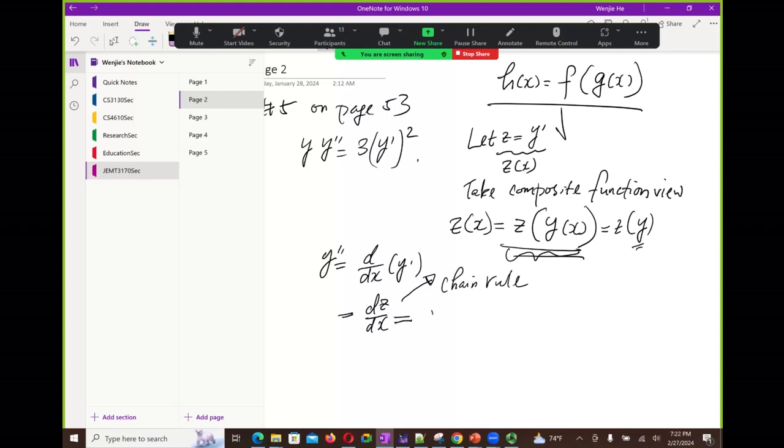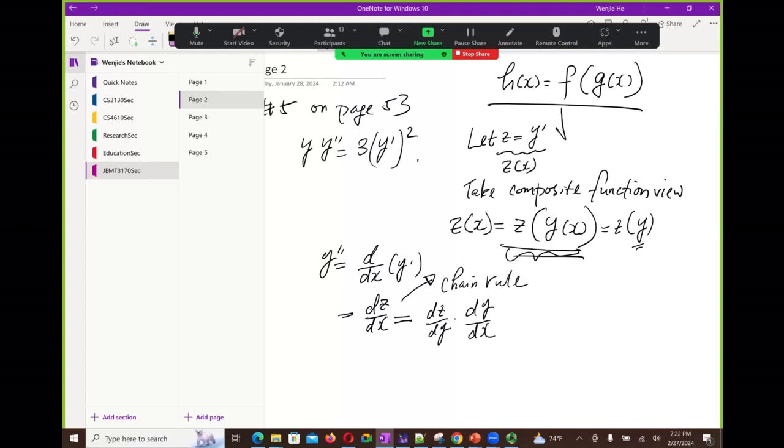What's that? dz over dy times dy over dx. That's the chain rule, through the intermediate variable y. We insert the intermediate variable y. You're familiar with the chain rule. Just do it in this way.